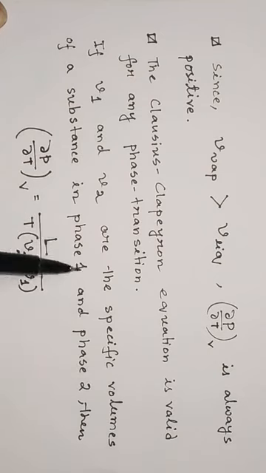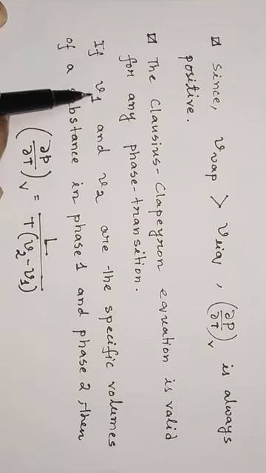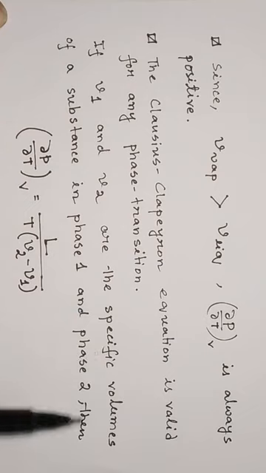Suppose here phase 1 is the liquid, with specific volume V1, and phase 2, in our case the vapor, has specific volume V2.